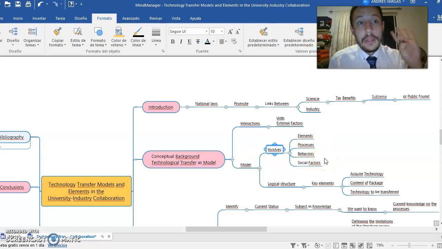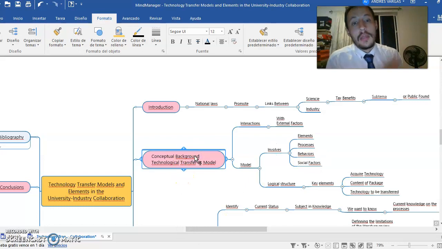There are four principal concepts. The first one is the elements. The second one is the processes, then behavior, and social factors. These four main concepts help us in the background of a technology transfer.